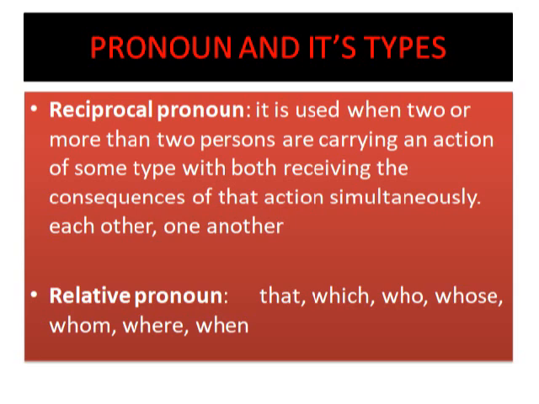Keep it in mind, a reciprocal pronoun will always be in pair, each other, one another, etc. So reciprocal pronoun will always be in pair, and it is used when two or more than two persons are carrying an action of some type with both receiving the results of that action at a time.